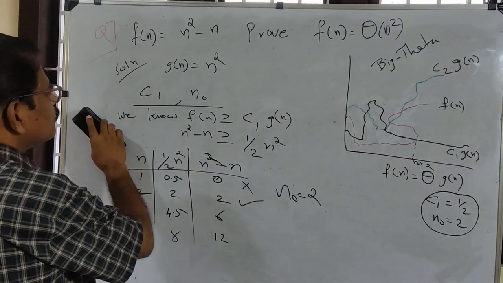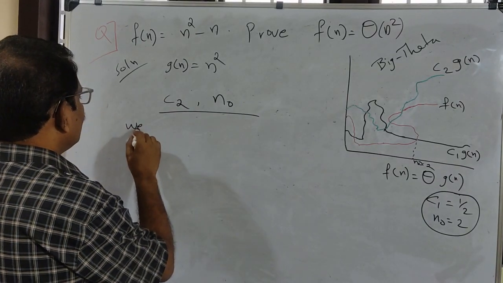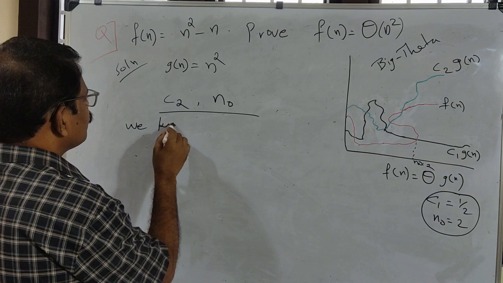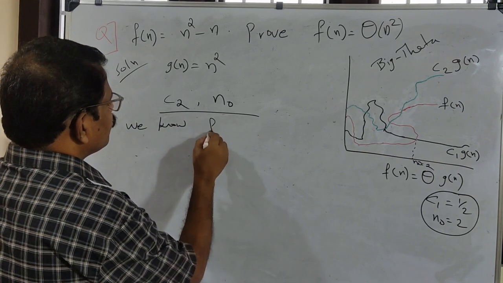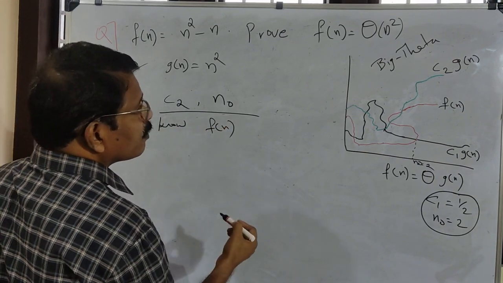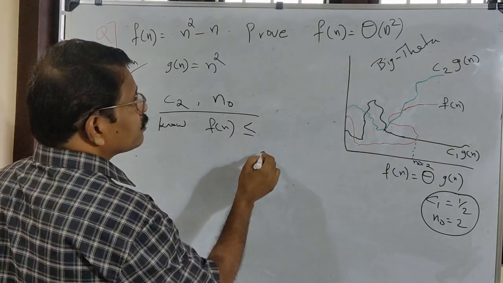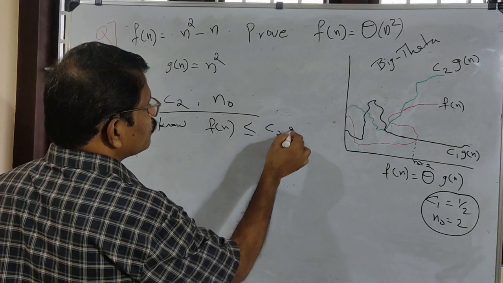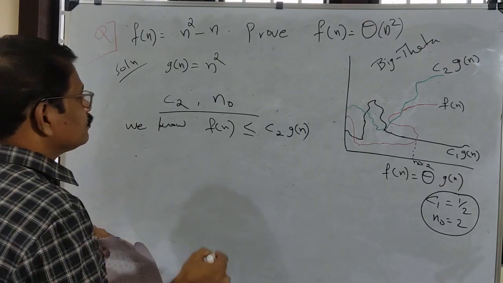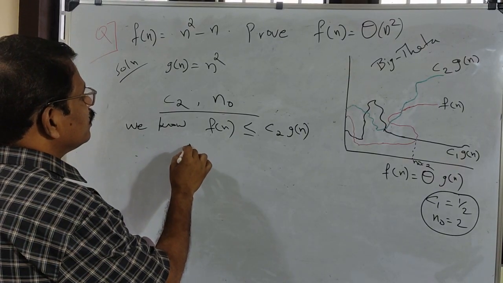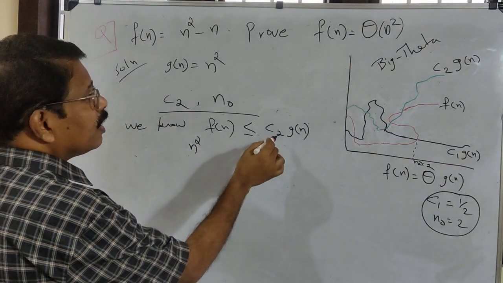Next, let us go for c2 and n0. We know f of n is less than or equal to c2 into g of n. That is n square, this is the upper limit.